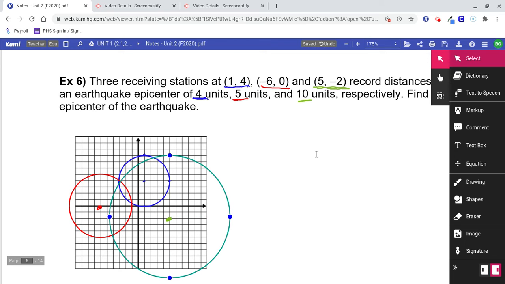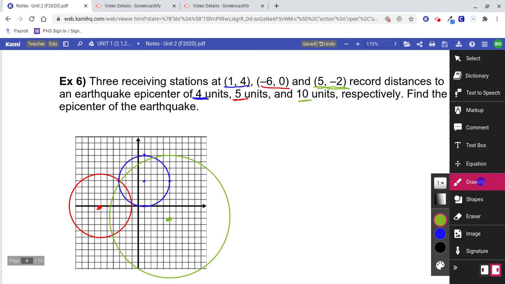Okay. All right. So we've got our three circles, and we're looking for the epicenter of the earthquake. So how this is going to work is we need to look for a point that's on all three of the circles. So circles are pretty good.